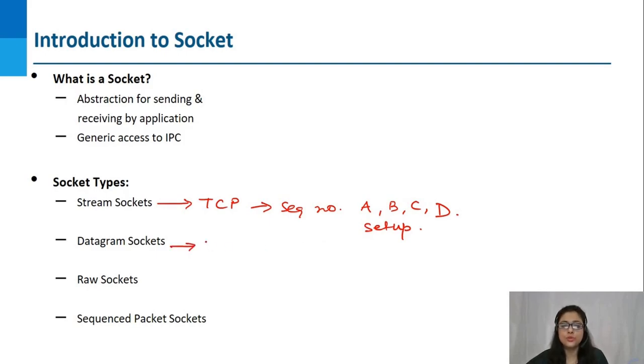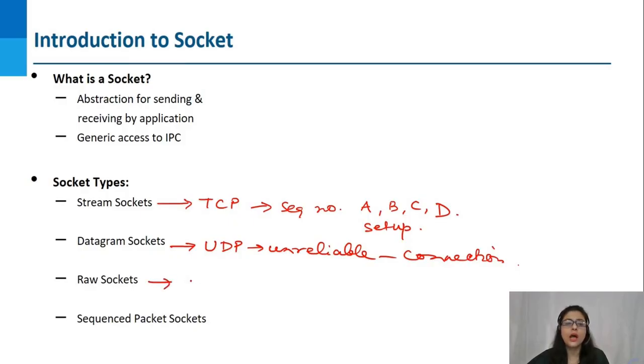Datagram sockets use UDP or user datagram protocol, and it is unreliable and connectionless, unlike stream sockets, which is connection oriented.